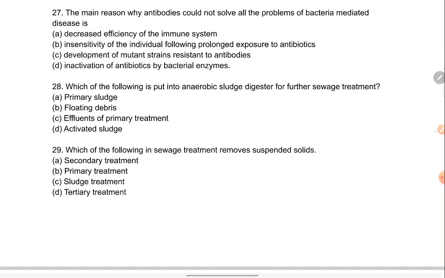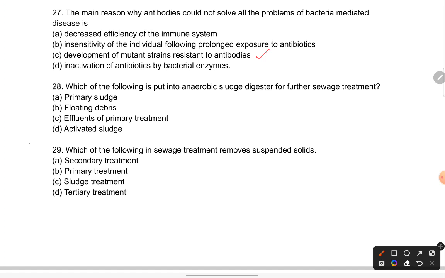So this answer is more correct. Then the fourth answer is inactivation of antibiotics by bacterial enzymes. No, that's also wrong. So the reason is the development of mutant strains resistant to antibiotics. Okay. Now question number 28.